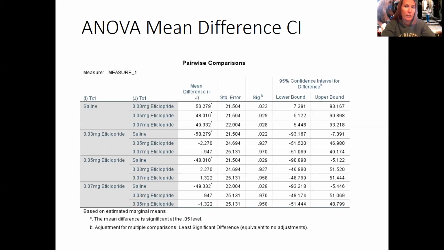So in intervals that include 0, like this one, you don't have significance, because there's a chance there is no difference between, say, 0.3 milligrams aticapride and saline in the real world. If the interval doesn't include 0, you're more likely to see significance, because that suggests there really is a difference in the real world.